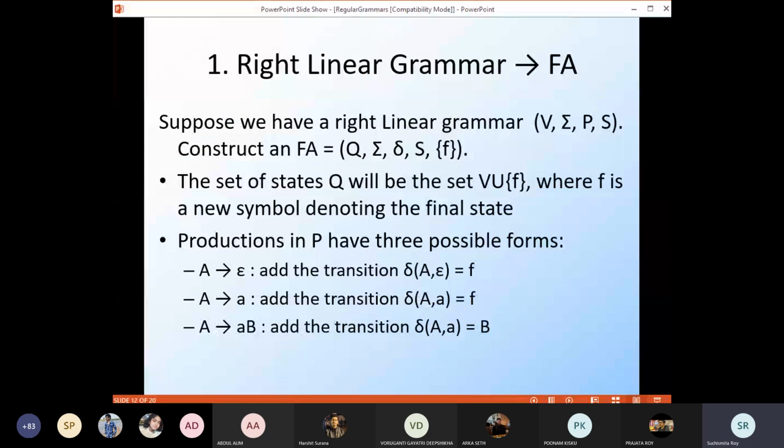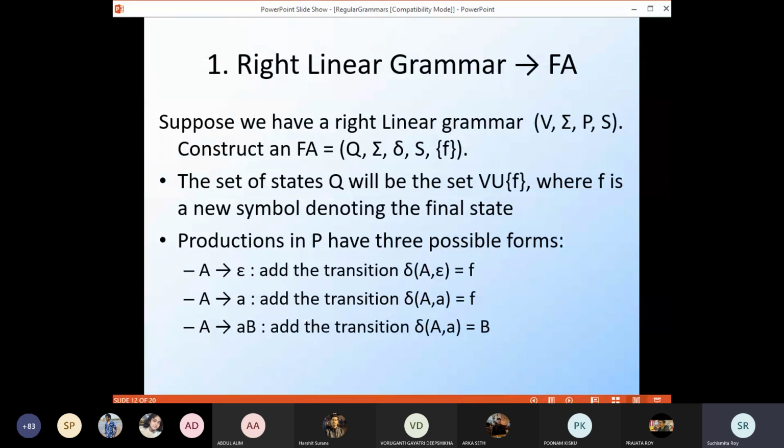S is the start symbol, and the set of variables will relate to the set of states in the finite automata. The set of states actually will be the set of variables, and we are adding a special final state. That's all. All of these variables map to states in the finite automata.